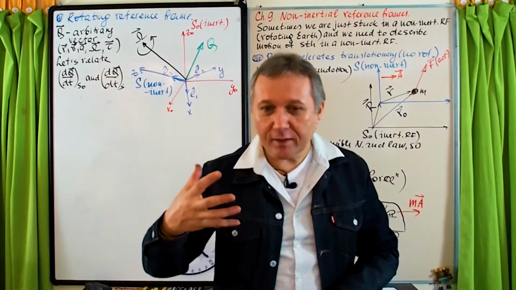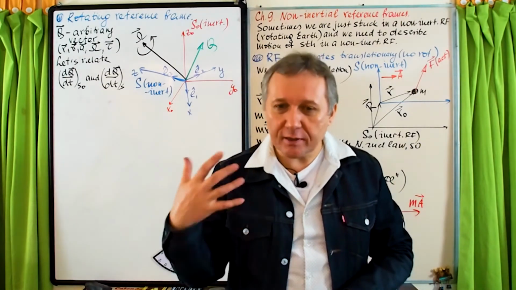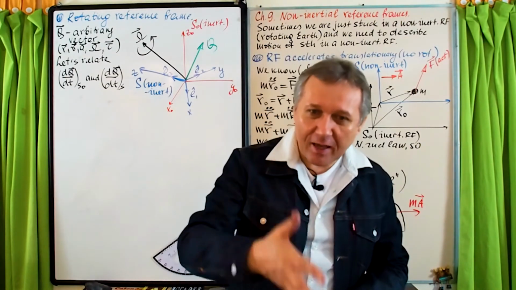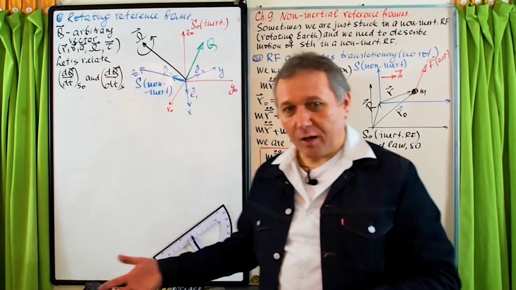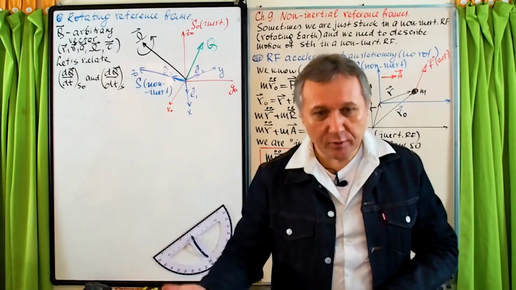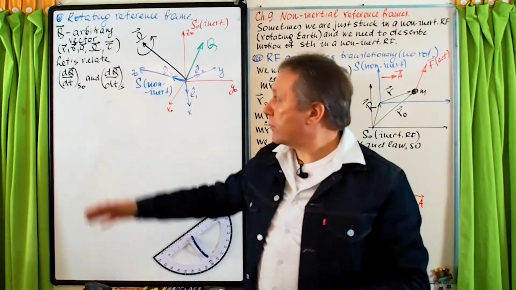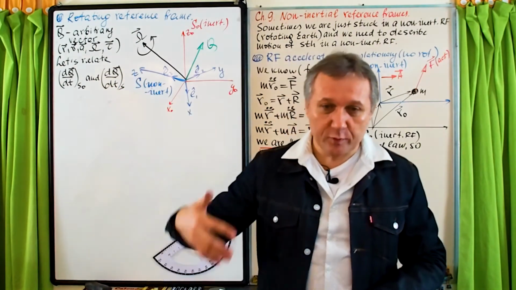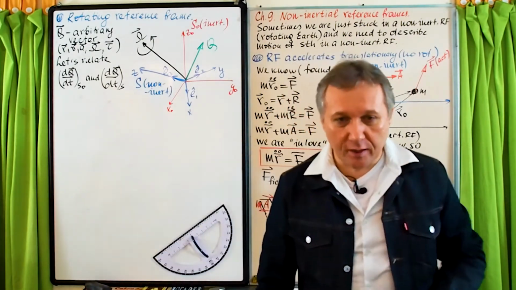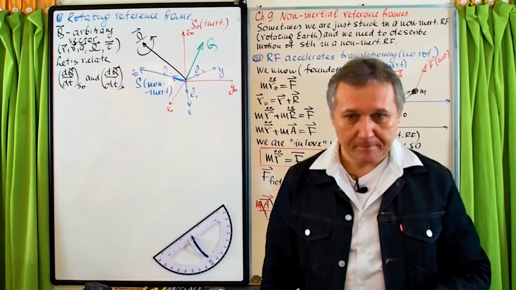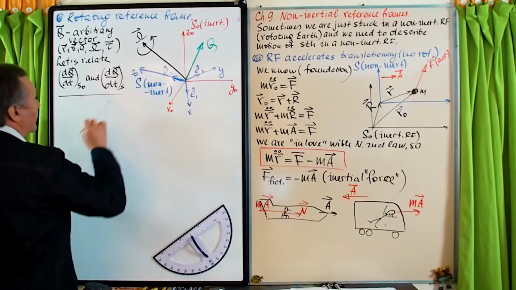We need to rewrite Newton's second law, which is m r double dot equals the net force. So we need to find r dot. Once we find this relation, we will replace q with r. First we will write r dot, then r double dot, and then we will adjust Newton's second law. That's the goal.